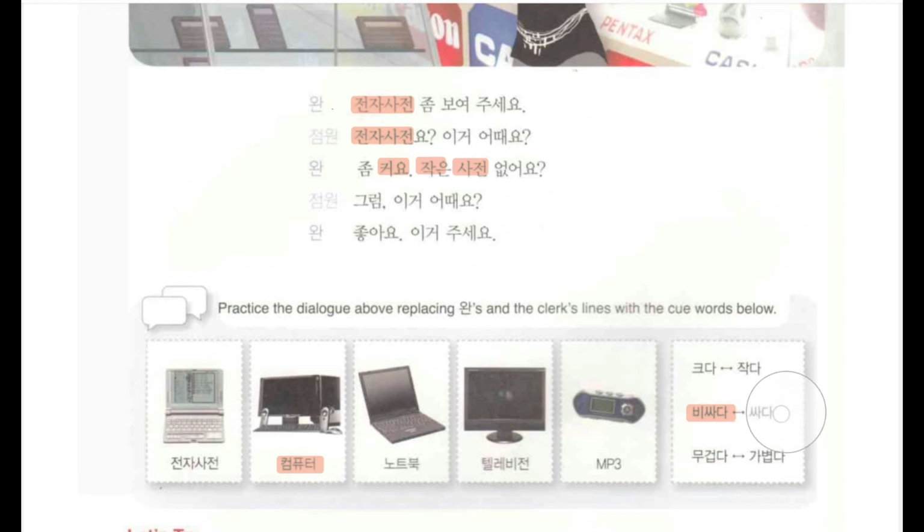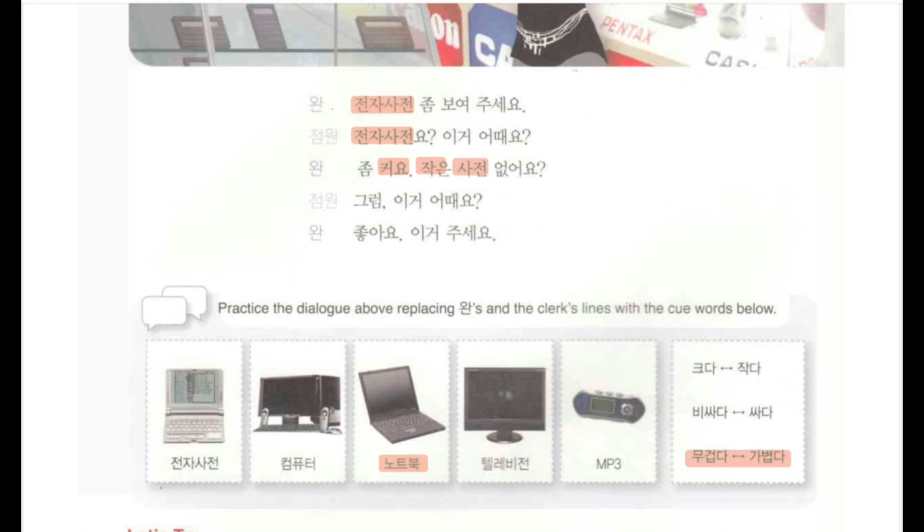Very good. 자, this time let's practice 무겁다 and 가볍다. Something is heavy or light. Let's talk about laptops, because if it's too heavy, it's not a laptop, it's a weapon. 제가 one 할게요. 여러분이 점원 합시다. 시작. 노트북 좀 보여주세요. 좀 무거워요. 가벼운 노트북 없어요? 좋아요. 이거 주세요.